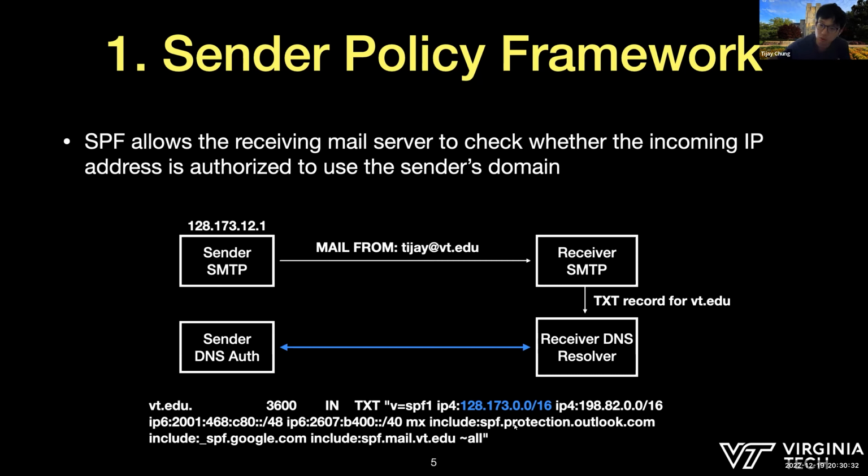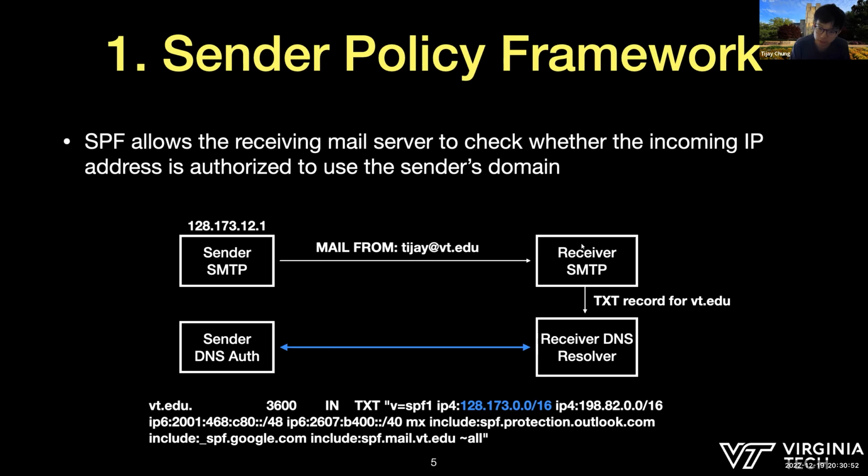So if the receiver receives an email from vt.edu that actually comes from Outlook, Microsoft hosting servers, then the receiver wants to check if the IP address is actually allowed to use vt.edu.